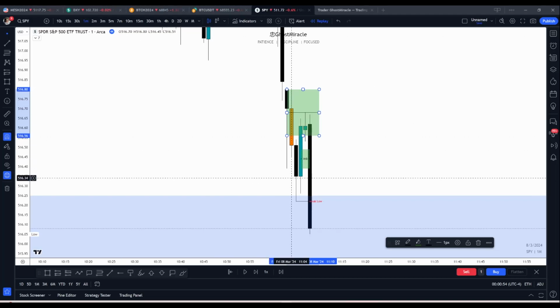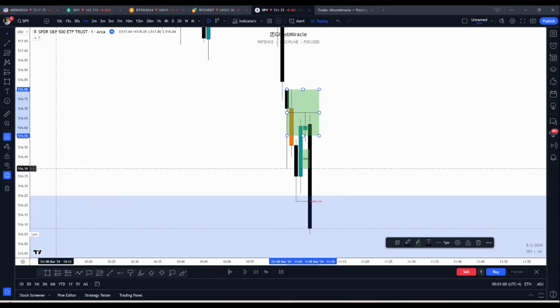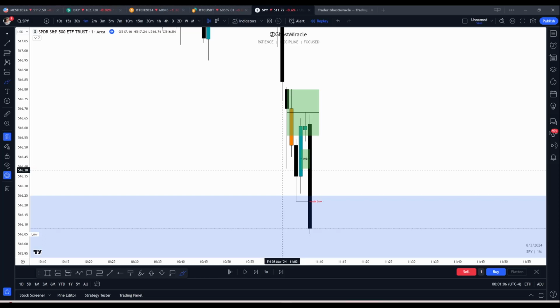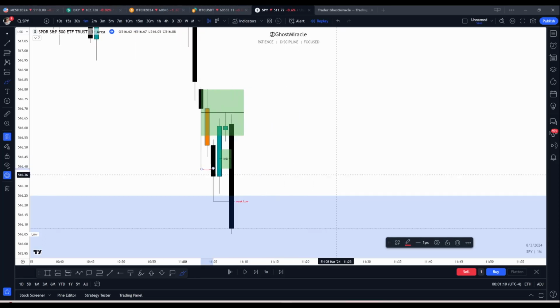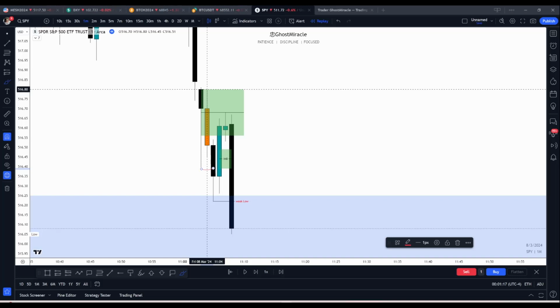But this is a 15 second, so maybe on the 1 minute you have a low, high, low. This would be an internal break. This right here, you have a break there, and then basically it's entry model 8.